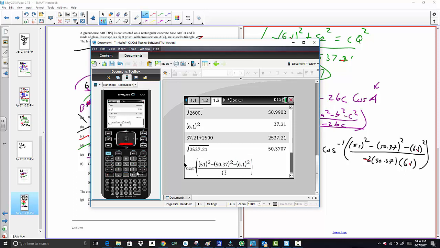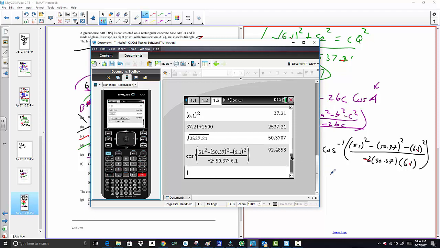Divide this by parentheses negative 2, close parentheses, times parentheses 50.37, close that, times parentheses 6.1, close that, and this will be enter. Your answer is 92.48 or 92.5 degrees.